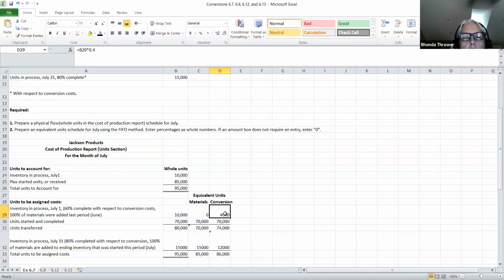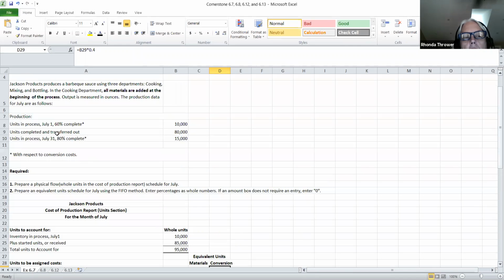In other words, we have to take the beginning inventory whole units and multiply it by 40%, which is the complement of 60% that they gave us. We have to finish 40% this month because 60% had conversion cost associated with it last month.